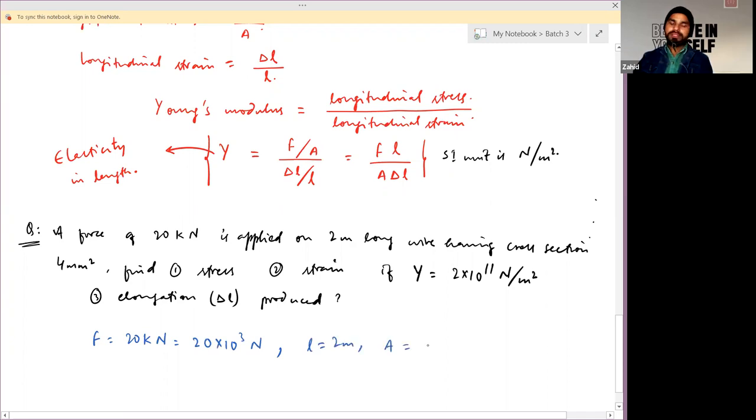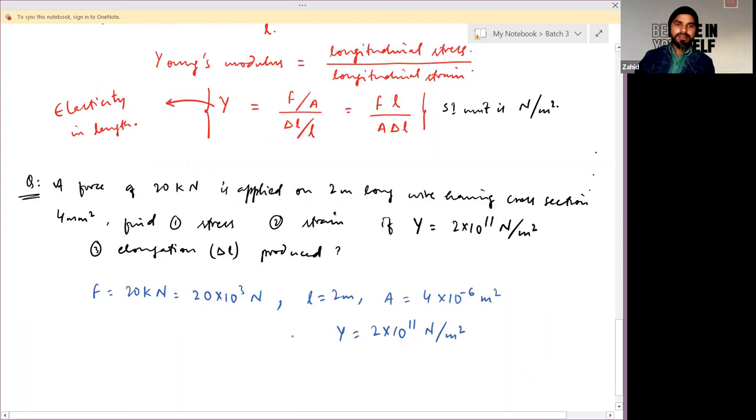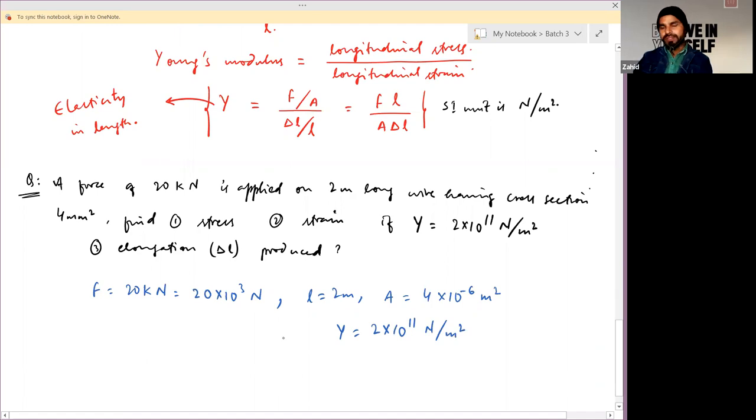Area of cross section is 4 mm squared, so to convert it to meter squared, multiply by 10 raised to power minus 6. And lastly, the value of Young's modulus is 2 into 10 raised to power 11 Newton per meter squared. Just use these values to find the stress, strain, and elongation. Try to solve.